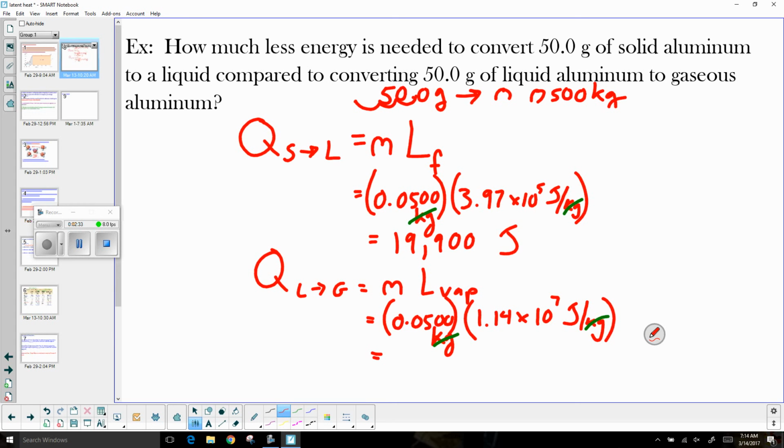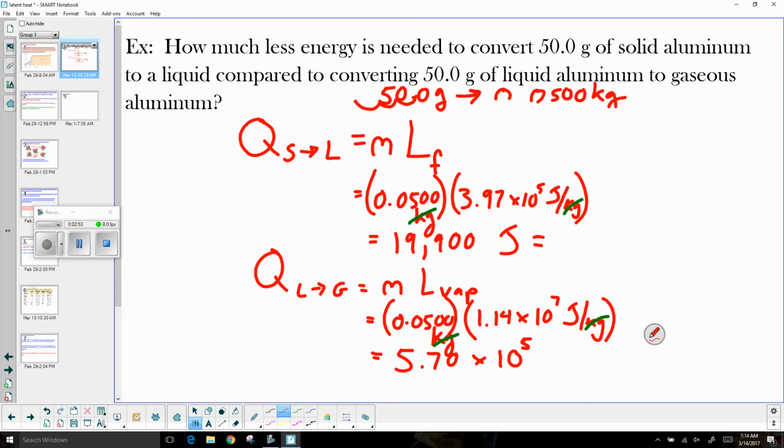And in the second case, which I should need a lot more, I need 5.70 times 10 to the 5th.